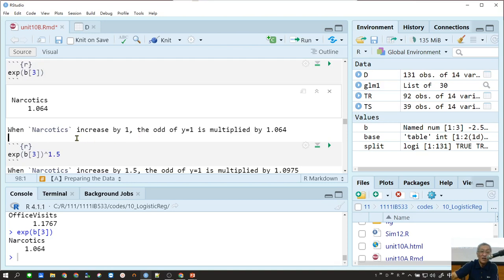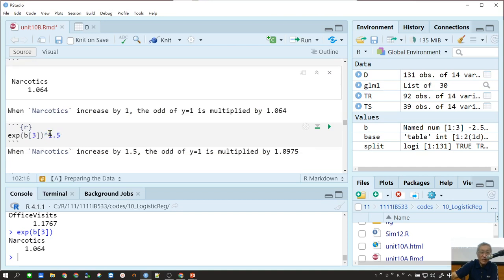And then if narcotics is increased by 1.5, you see that this is not a simple multiplier, you need to raise it to the power, right? Because we are talking about multipliers, they are not additive, they are multiplicative relationships, okay?